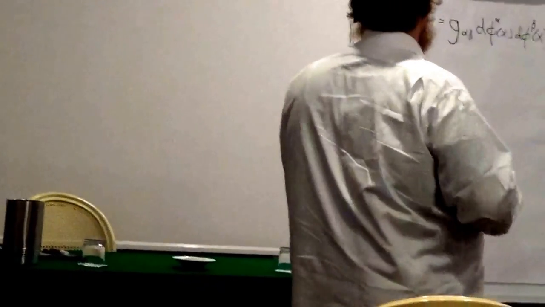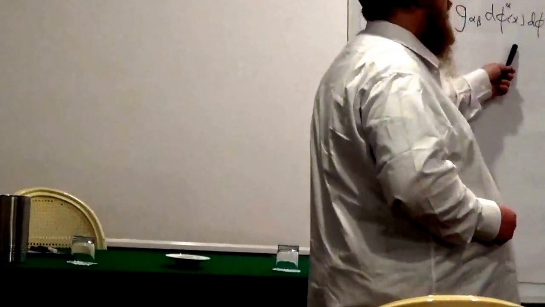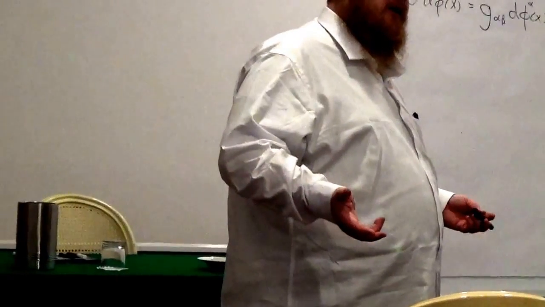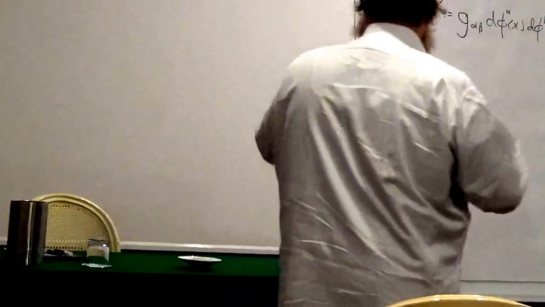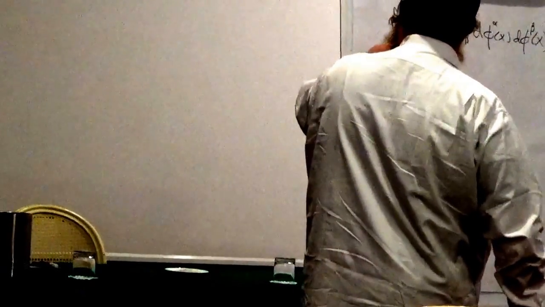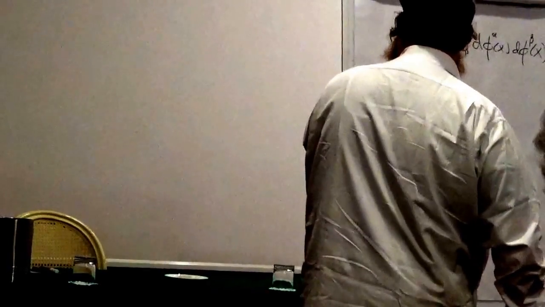And so what you do then is you just develop things exactly as you do in general relativity. So you get a lepton field equation that looks like this.